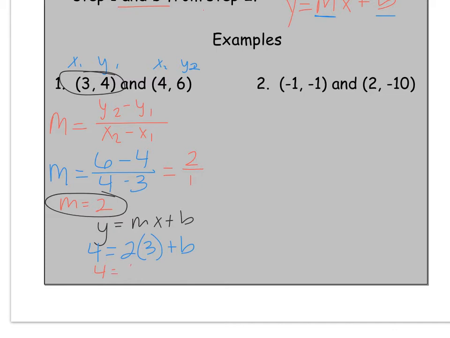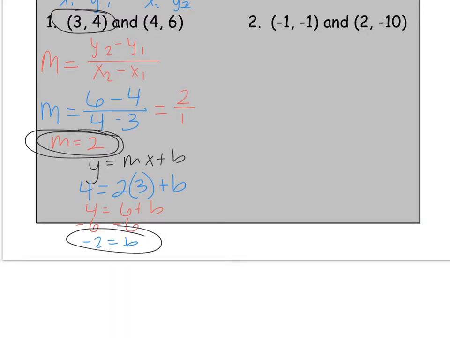So 4 equals 6 plus b, subtract 6 using my inverse operation, and I get negative 2 is equal to b. Now that I have my slope and my y-intercept, I am able to write my equation: y equals slope of 2 times x, negative 2 y-intercept.